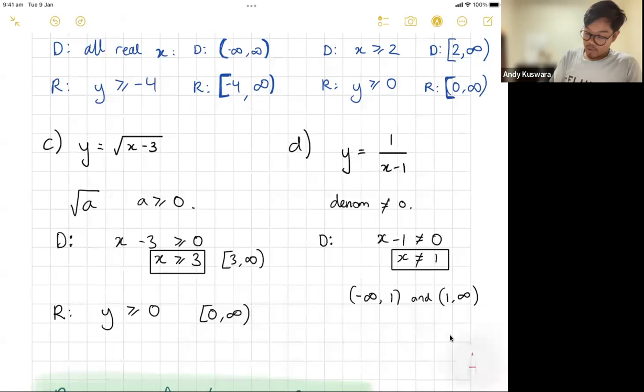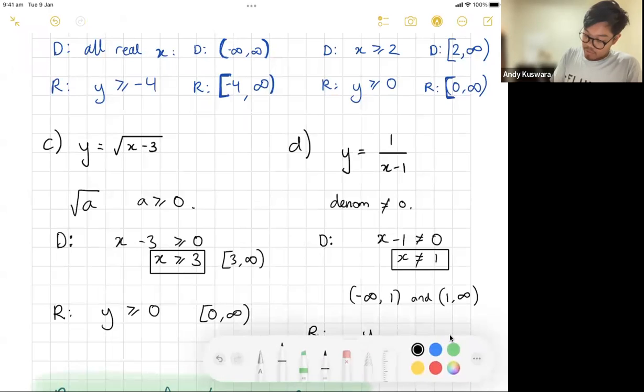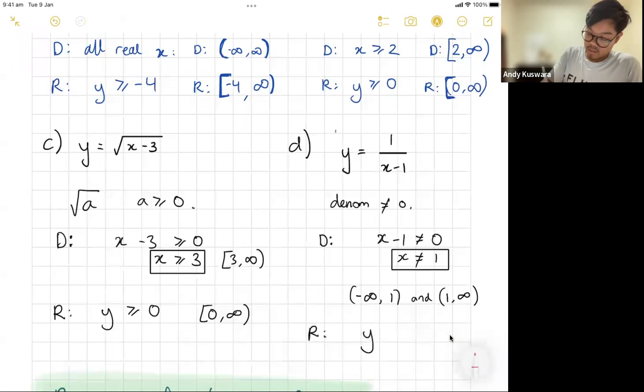And then for your range, this is where you kind of have to be thinking outside of the box here. Range is talking about the y, so I'm going to look at the y here. And I'm going to take a look with a fraction. The thing that you need to understand about a fraction is, that's y, isn't it? A fraction that has a non-zero number up the top will never equal 0.